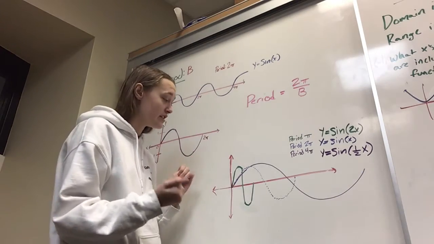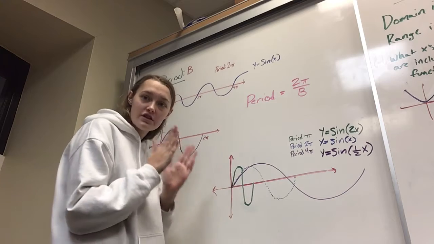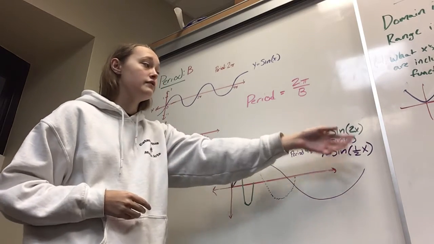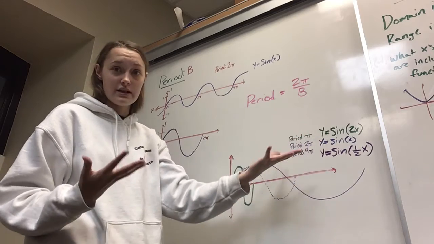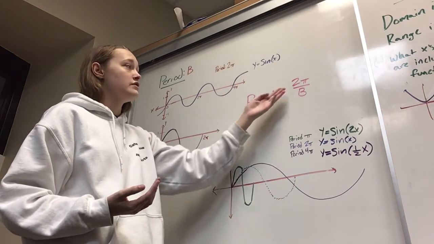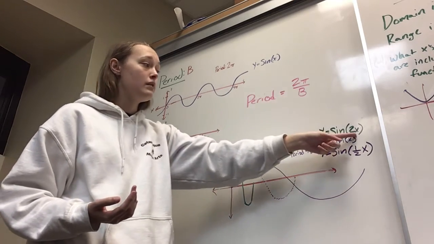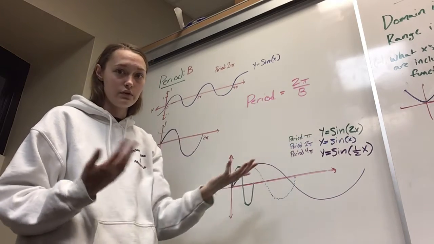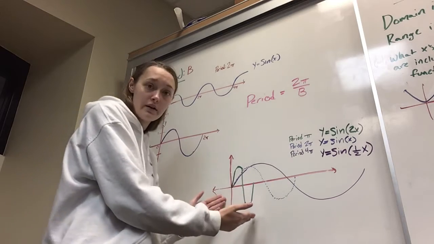Now, how do we find these equations? The squished pi period would have y equals sine of 2x, because the period is 2 pi over b, right? And if b is 2, the period would be 2 pi over 2, which would equal just pi, which is our period.